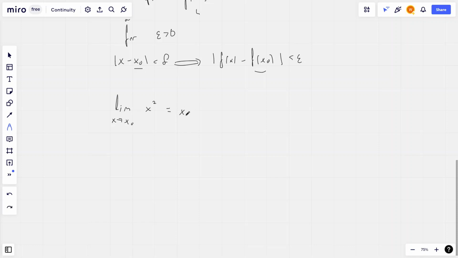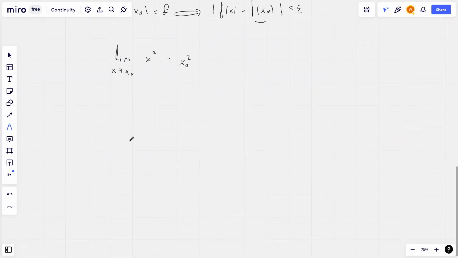So we're attempting to prove this now, and it follows like every other proof we've done. Say that we have some modulus of x minus x naught less than delta, and we want to get from this to x squared minus x naught squared being less than epsilon.